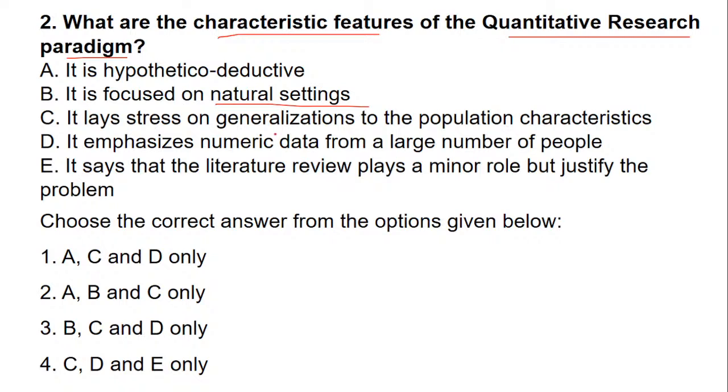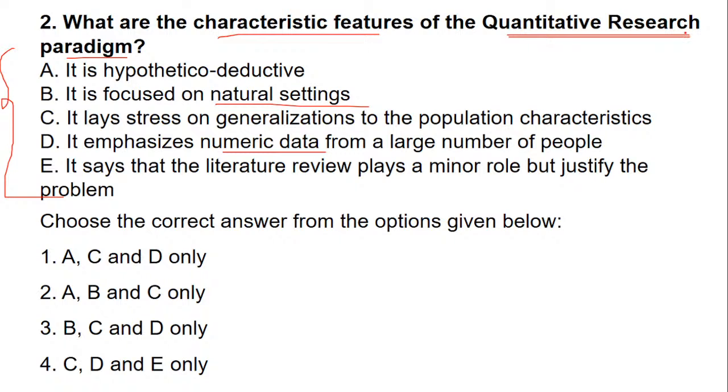It lays stress on generalizations of the population characteristics. It emphasizes numeric data, that is numerical data for a large number of people. So this is a keyword, numerical data. It says that literature review plays a minor role but justifies the problem. So from the following characteristics, which of them are recognized as the quantitative paradigm?